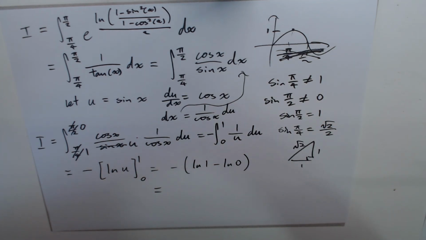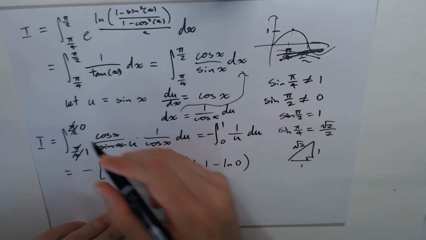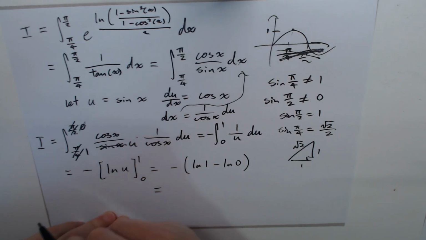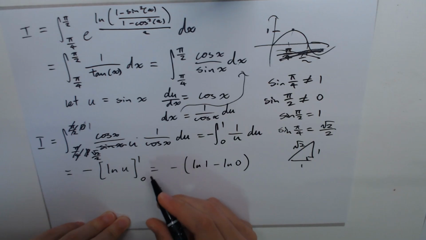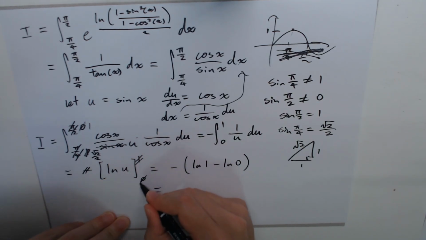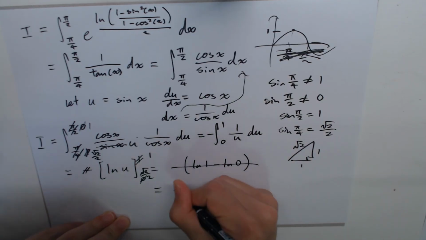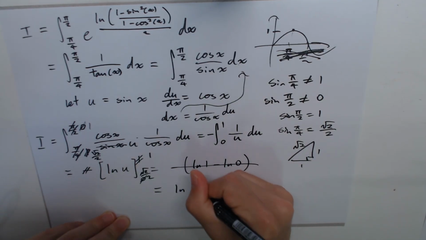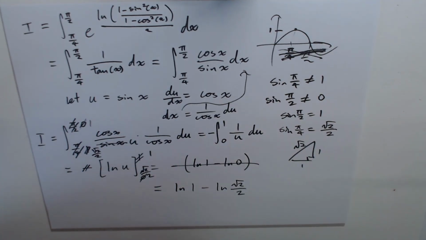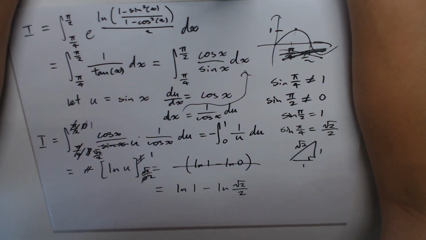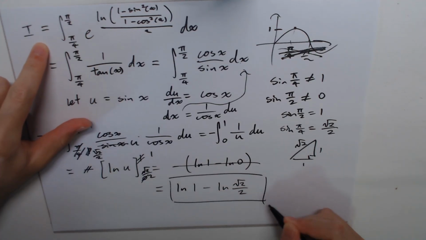So this was never 1 and 0. This should have been 1, and this should have been root 2 over 2. So we can get rid of the negative sign there, because that's 1 to root 2 over 2. And so it's ln 1 minus ln root 2 over 2. It should be this. Let's check. Yep. This is the correct answer to this question.